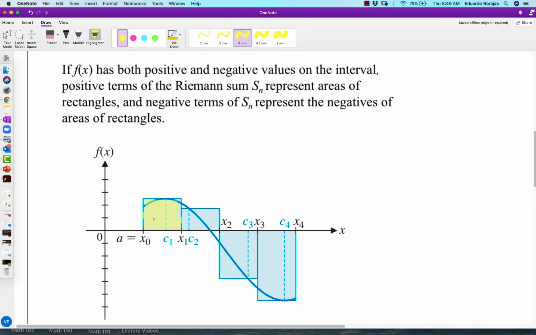Our formula would be some positive height times a delta x, so we'd get a positive area there, a positive area there. But for the cases where it's below the x-axis, for this case and for this case, we would end up getting a negative answer. So when we add them, the result of the Riemann sum would be the net result. It would be the positive areas minus the negative areas.